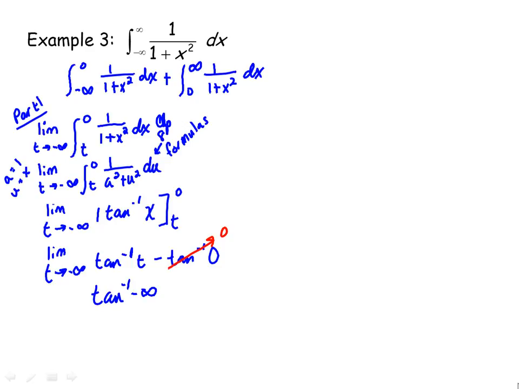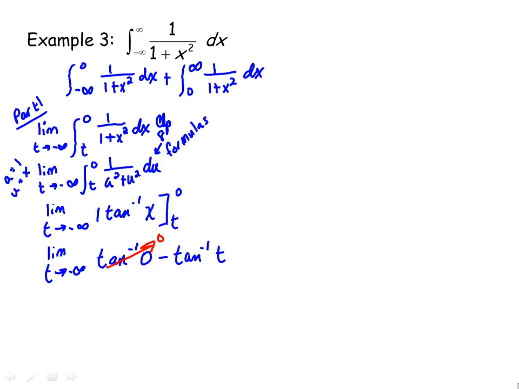Well, don't let me do that backwards. Are you serious? Top minus bottom. Let's go back here. So we're going to have tangent inverse of 0 minus tangent inverse of t. Tangent inverse of 0, again, goes to 0.